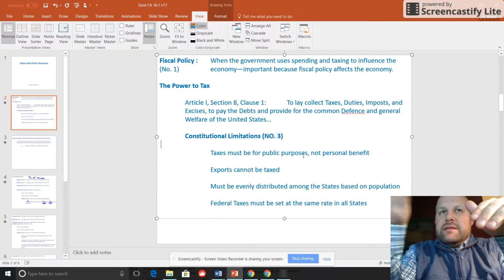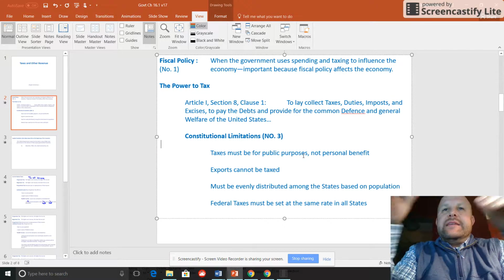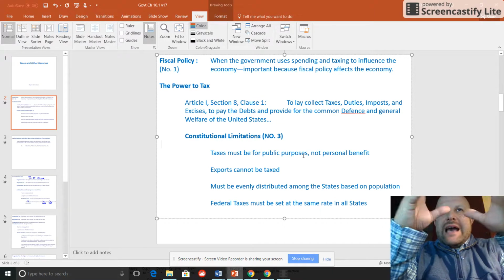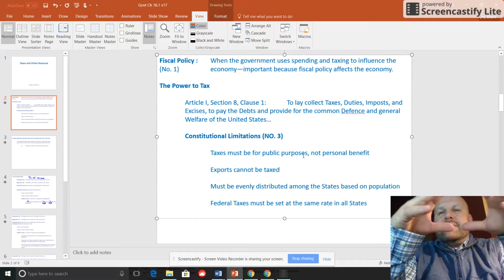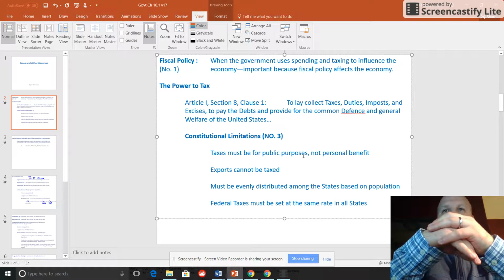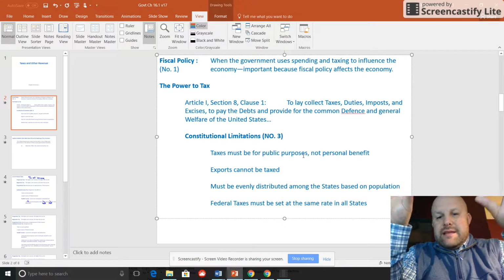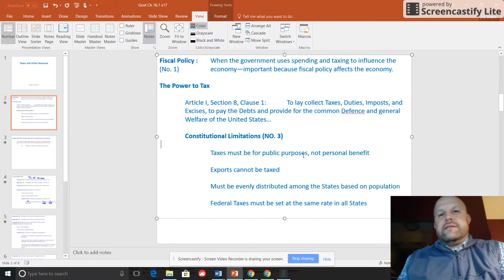Exports, goods going out of the country, cannot be taxed. Taxes must be evenly distributed among the states based on population, so the taxes have to be fair to all the states. And the federal tax rates must be the same for all the states. You can't have one tax rate in one state and another tax rate in another state. It doesn't work that way.